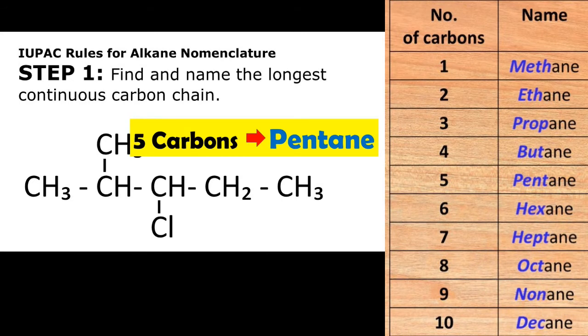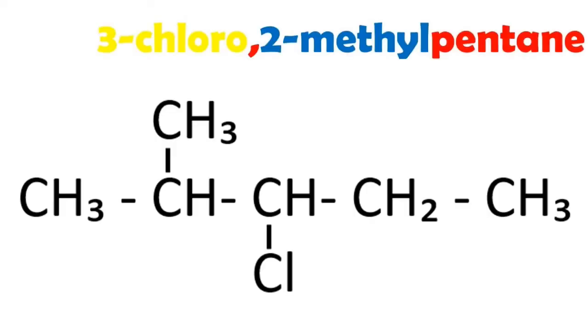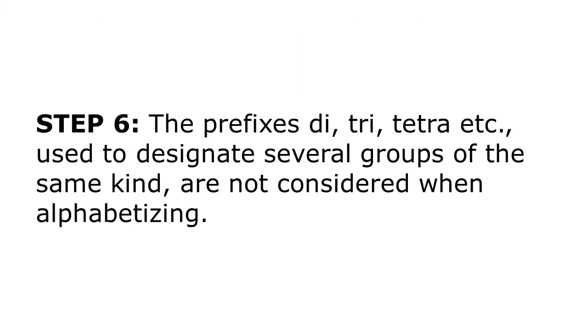Remember, in step number 1, we got the name of the longest continuous carbon chain, and that is pentane. And therefore, the name of this alkane is 3-chloro-2-methylpentane.